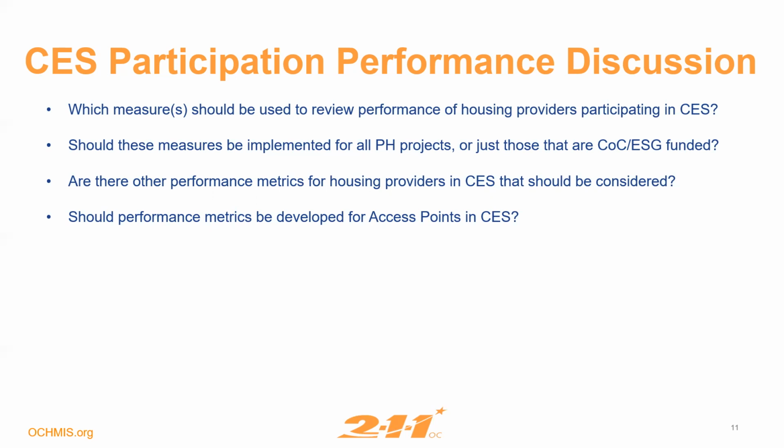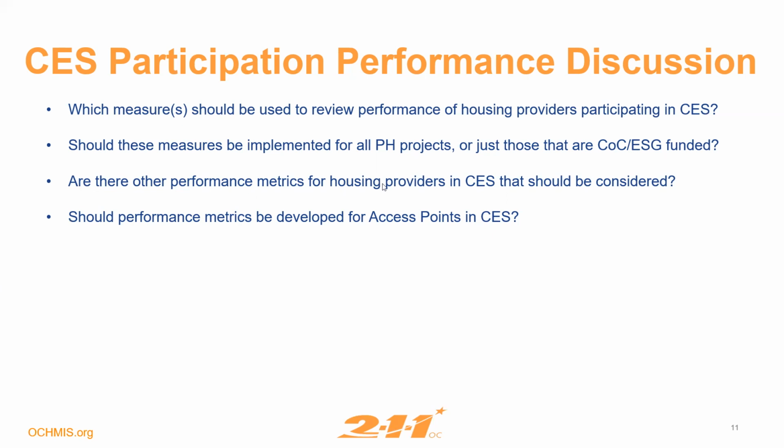The questions are, which measures should be used to review performance for housing providers participating in CES? You can select one or more if you'd like. Should these measures be implemented for all permanent housing projects or just those that are COC or ESG funded? I ask that because COC and ESG projects are required to participate in coordinated entry while other projects are not.